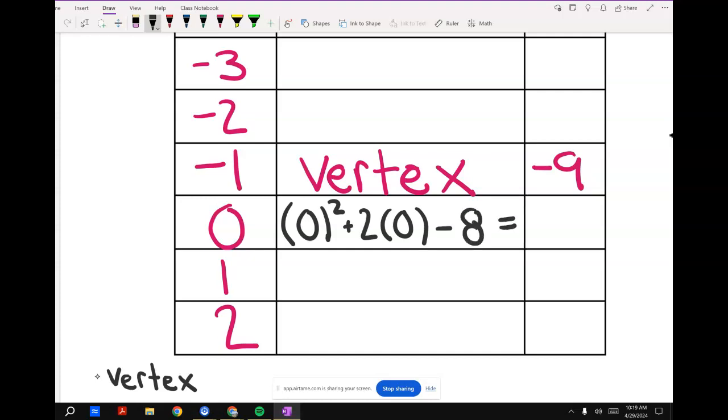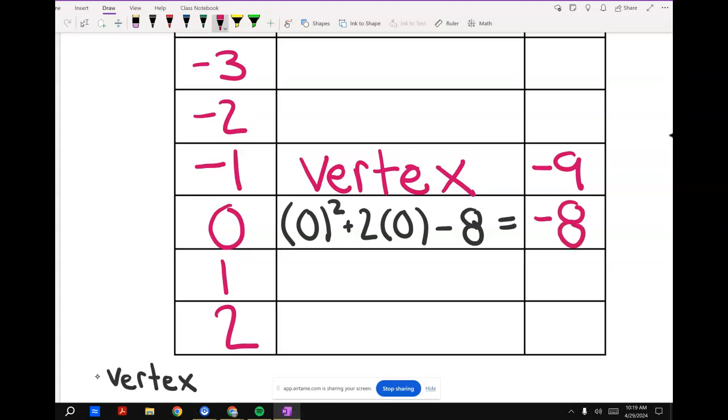Whatever that equals is my y value for that row. So 0 squared is 0. 2 times 0 is 0. So we're going to just have a 0 minus 8. So our corresponding y value is -8.